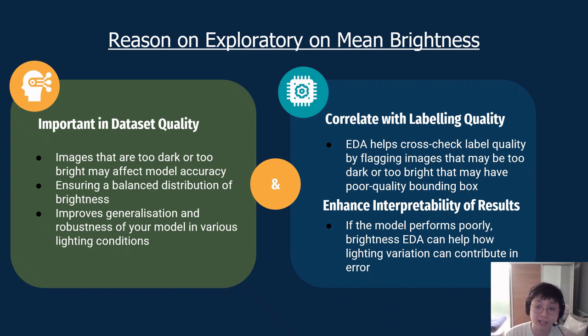It also enhances the interpretability of results: if the model performs very poorly, the brightness EDA can show that lighting variation contributes to why the result is poor. Okay, that will be the end of the exploratory analysis on the mean brightness.